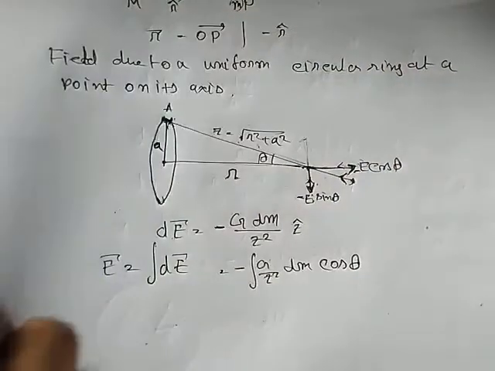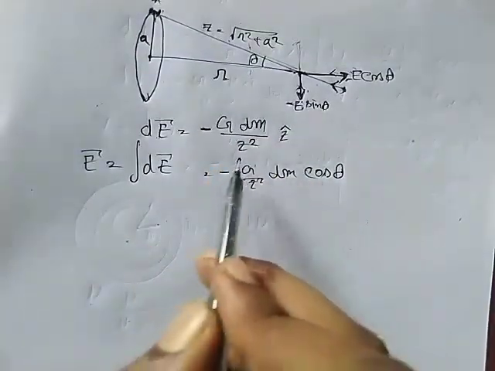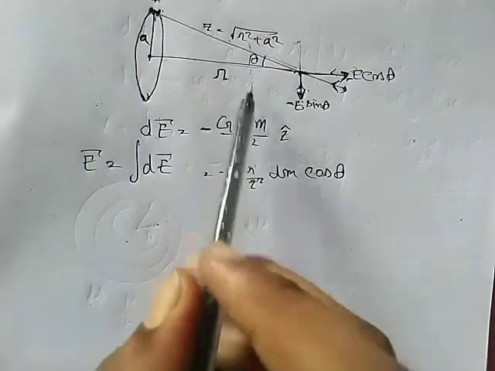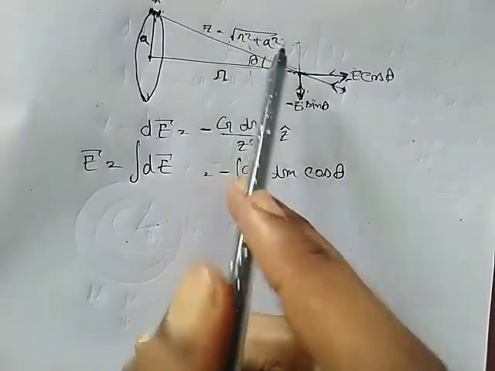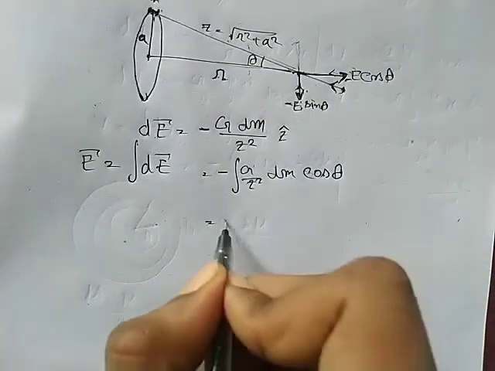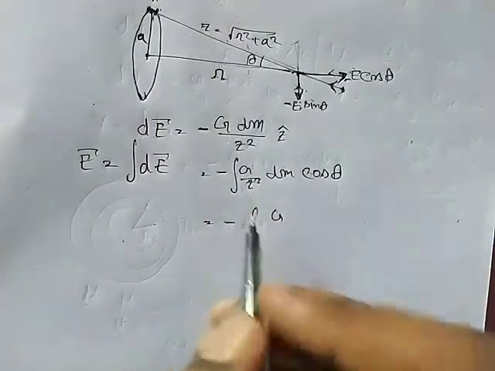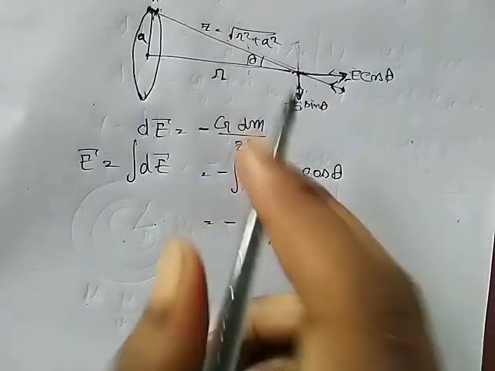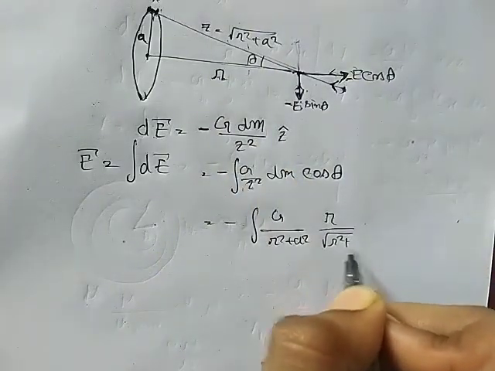Now we'll put the value of cos theta and z square here. So cos theta, you can see, is r by root r square plus a square, and z square is r square plus a square, so G by r square plus a square, and cos theta is r by root r square plus a square.